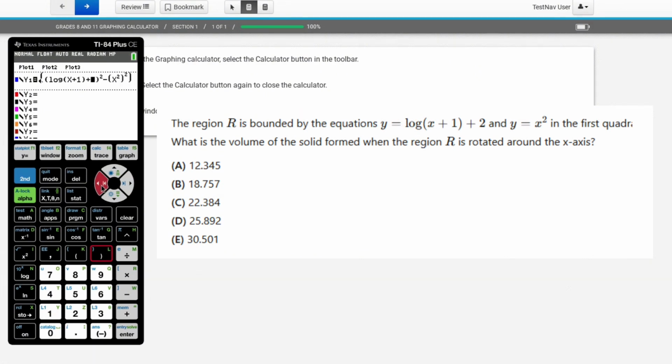Now that I have what I need, I think everything is typed out correctly. I don't think I have any errors. I can hit graph. All right, that looks pretty good to me.